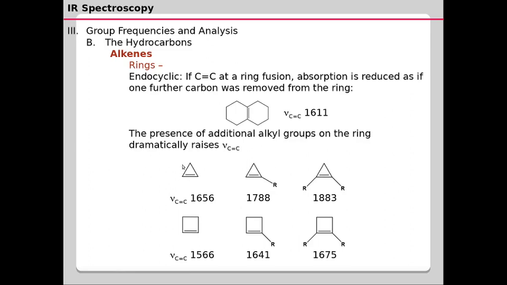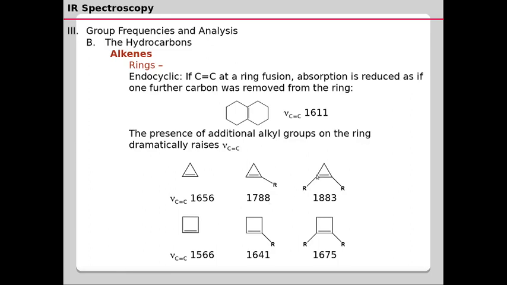For example, if you consider cyclopropene, the carbon-carbon double bond vibrational frequency is 1656 centimeter inverse. But once you have an alkyl substituent here, for example a methyl group, you know that a methyl group and any kind of alkyl substituent would be an inductive electron donating group, and that would interact with the double bond here and therefore increase the carbon-carbon double bond force constant, and that would increase the vibrational frequency.